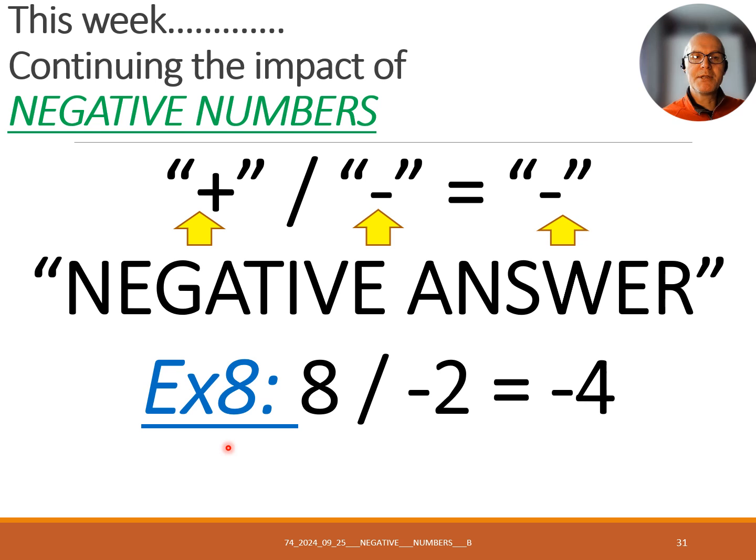This specific example, example 8, positive 8 divided by negative 2 equals negative 4. Whereas in example 7, we had negative 8 divided by positive 2 equaling negative 4. So it doesn't matter whether it's a positive divided by a negative or a negative divided by a positive, it'll always be a negative answer.